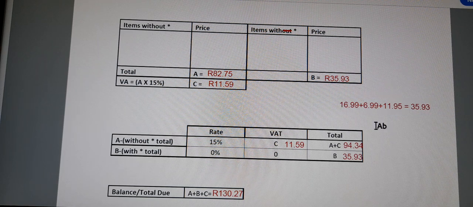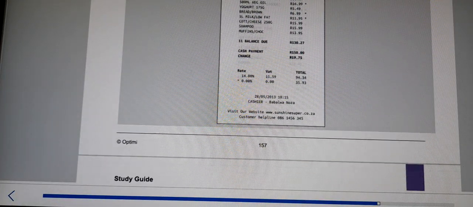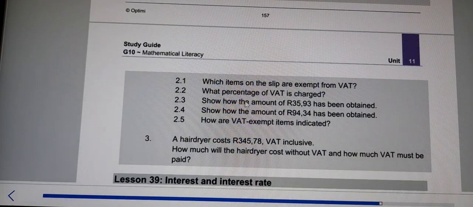Okay, so that is how you show how they got that figure. Okay, that is the question that they ask on the next page. They said, show how the amount of 35.93 has been obtained.